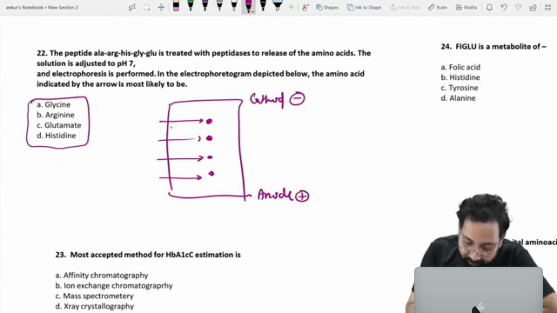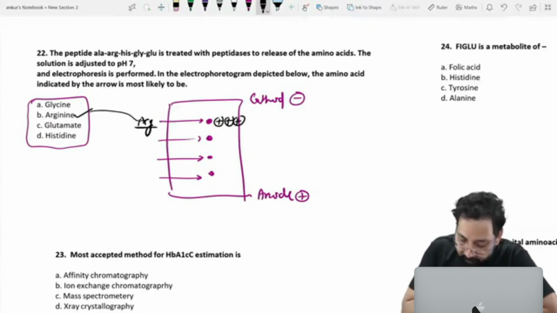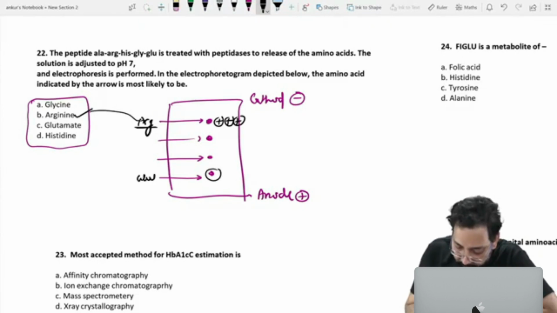This is arginine. This should be arginine, maximum positive charge, and this should be glutamate, negative charge.